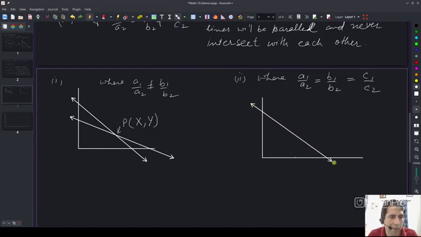Like if this is a line, then the second line will also be on this line. So this line represents both the lines in the linear pair.